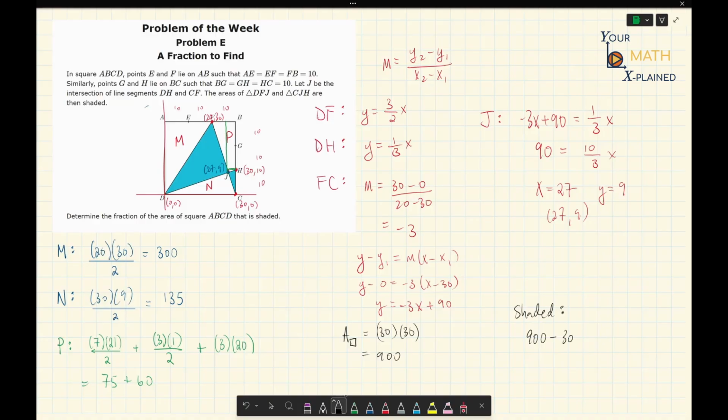That's minus 300, minus 135, minus 75, and minus 60. And because they want the fraction that was shaded, we just have to make this all over 900. And so this works out to 330 over 900, which simplifies to 11 over 30.